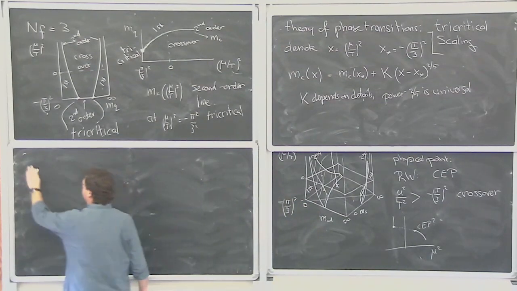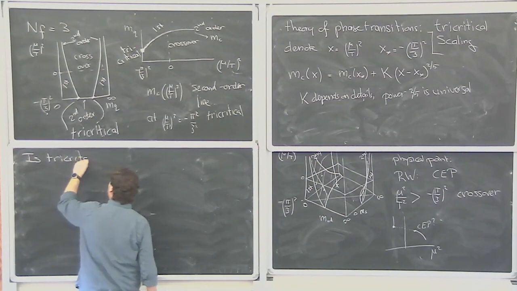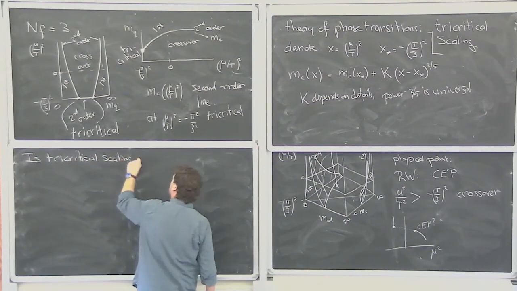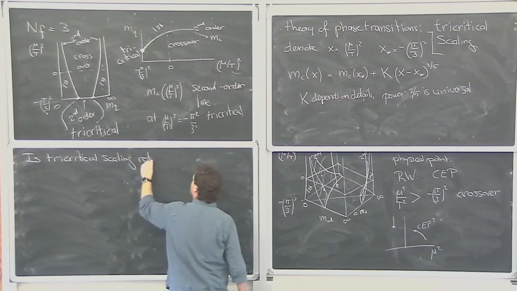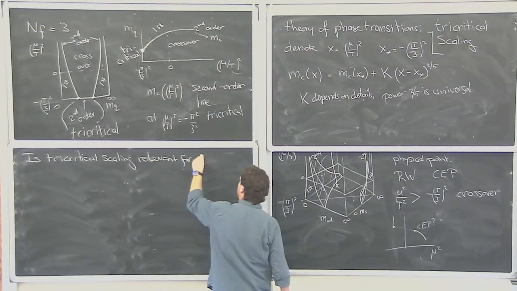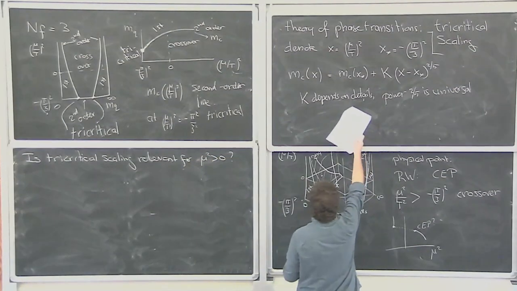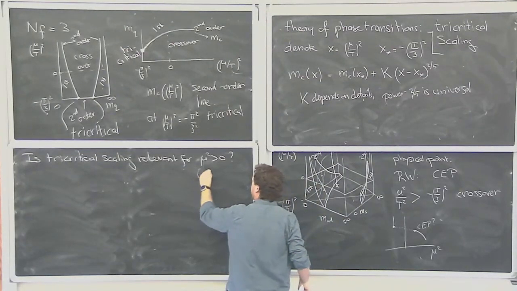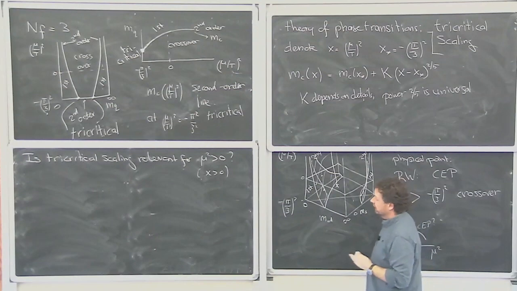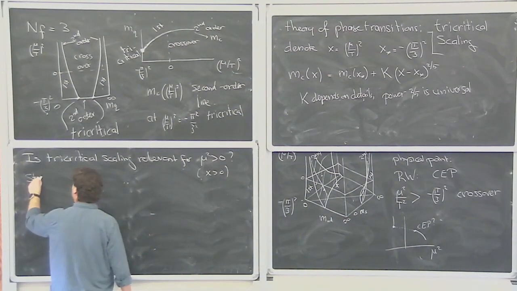So the question is: is tricritical scaling relevant for mu squared greater than 0, so for positive x in this scaling? Now, this has been studied in toy models or effective models.